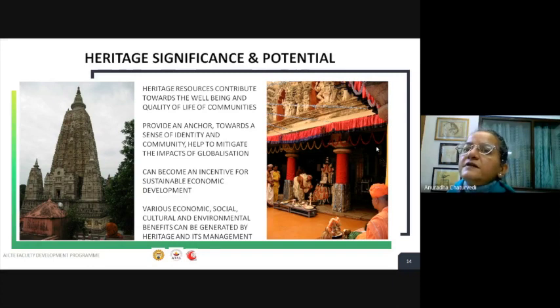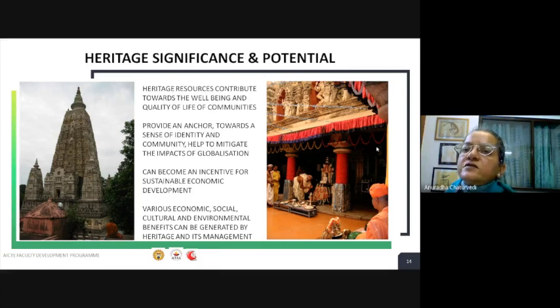And these heritage resources help to mitigate the impacts of globalization, or they help to guide the impacts of globalization in a way that is beneficial and which enriches the community.